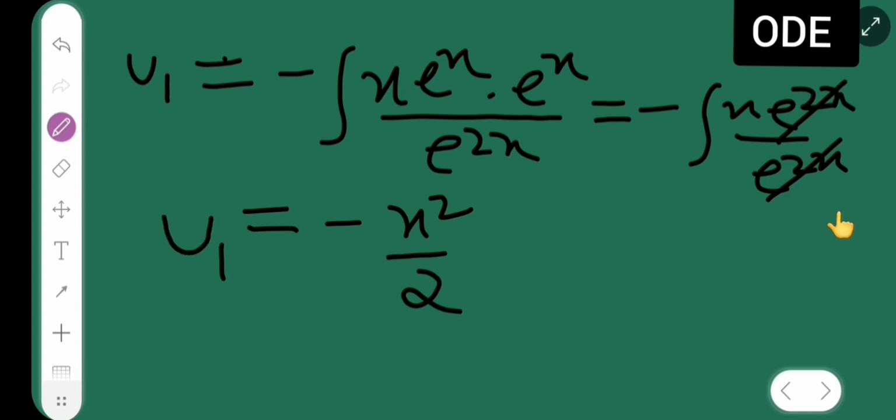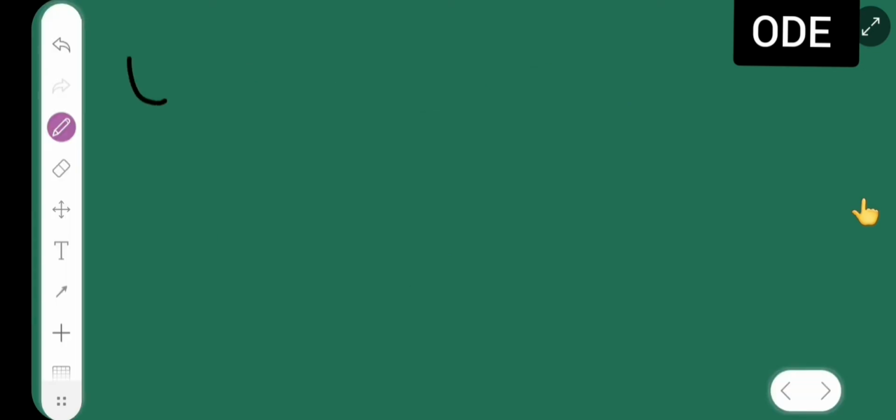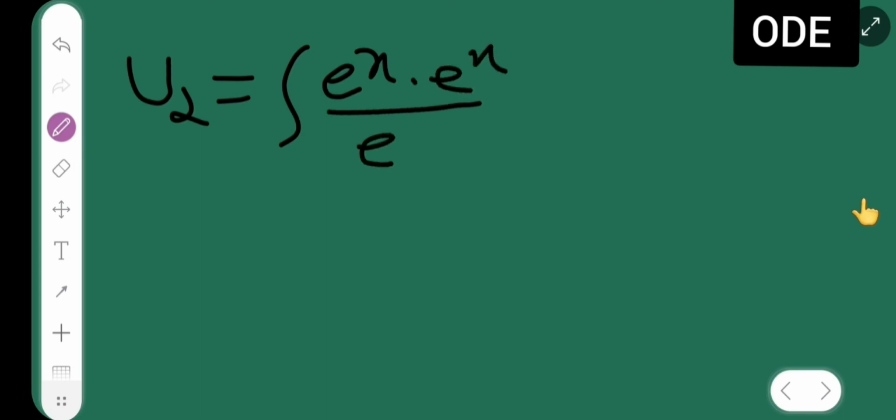Now I have to find my u2. What is my u2? u2 is equal to the integral of phi 1, e raised to power of x, into my b, e raised to power of x, upon Wronskian, e raised to power of 2x.